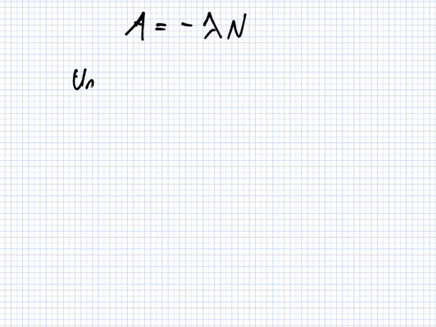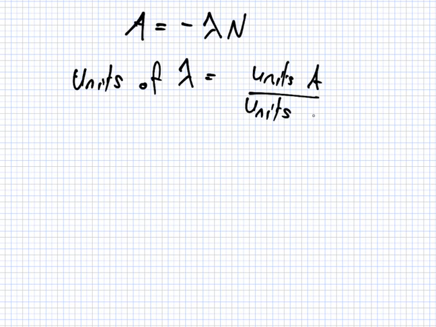So the units of lambda will be the units we use for A over the units we use for N. And what units do we use for A, did you say? Bq. And for N it's the number of atoms, I'll just write in here.